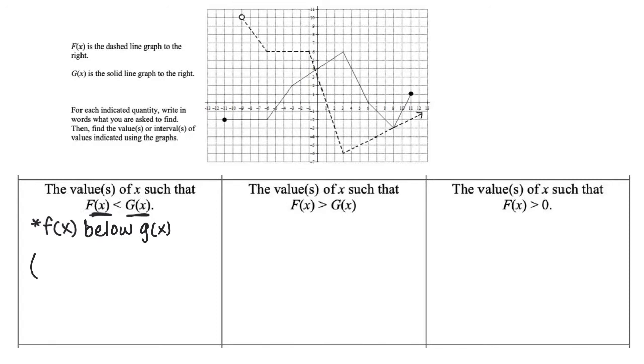And f of x is the dashed line. So use where they intersected. That's going to be an important part. So negative 0.25 all the way to 9. It's going to be where they're below. And then, of course, they're equal to each other at 9.